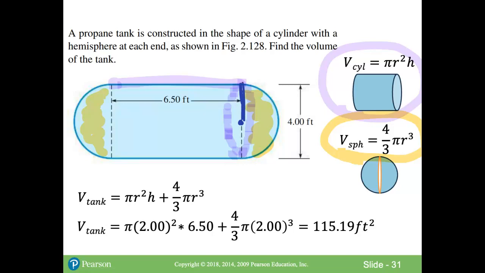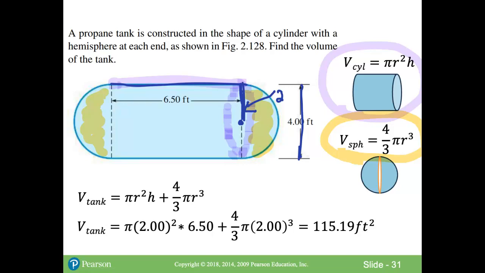In the problem, they tell us the distance from here to here all the way across is 4 feet. So this radius has got to be 2 feet. We're going to plug that in for r squared, so that's 2 squared. The height of the cylinder, if we set this up right, would be this measurement here.